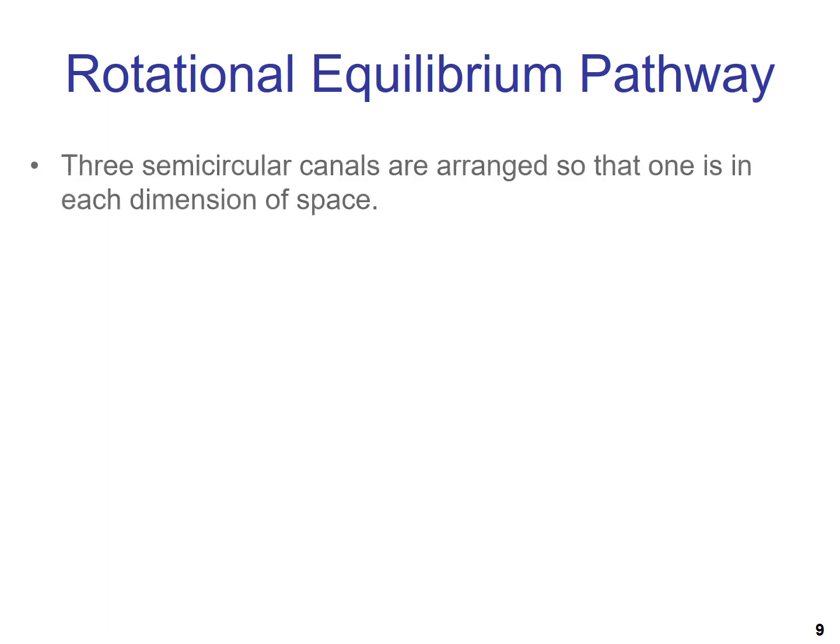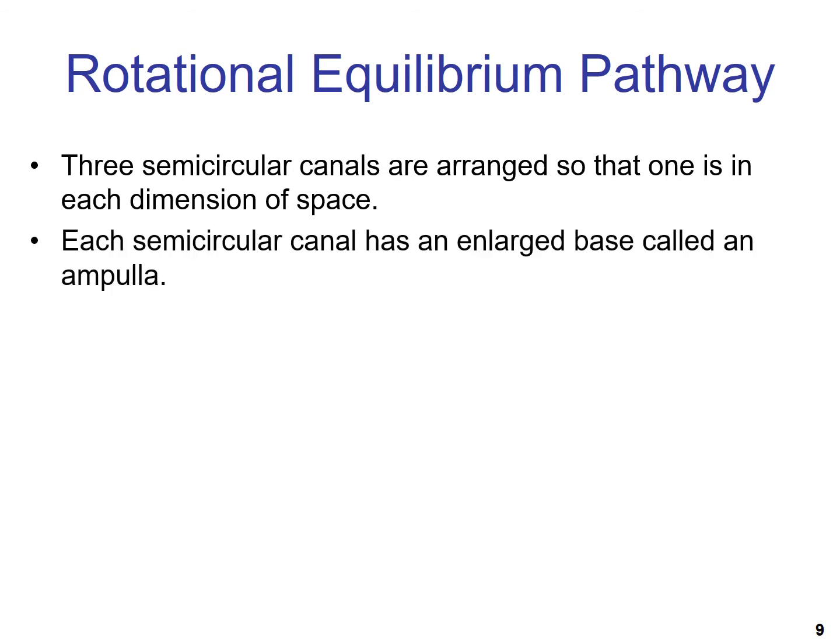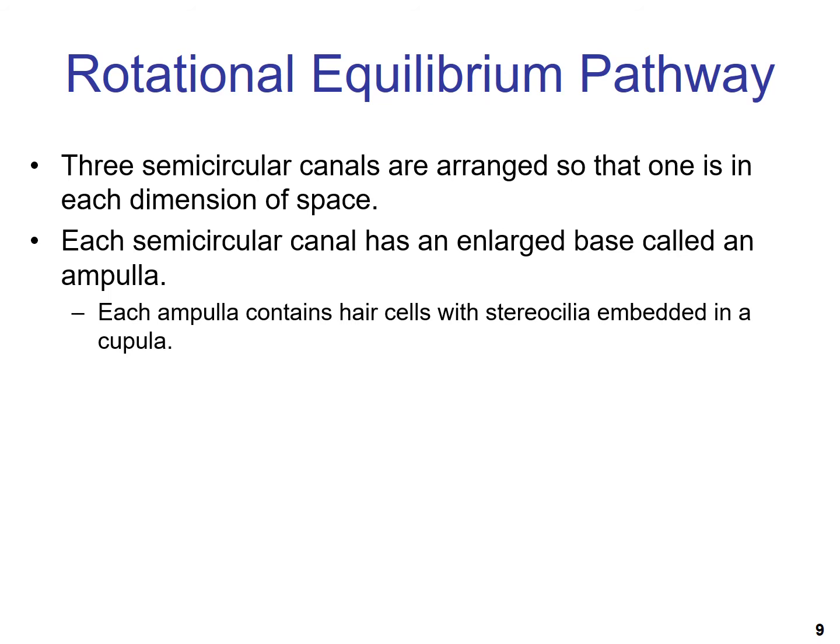Okay, so the next thing we're going to talk about is equilibrium. And you've got three semicircular canals, and these are arranged in such a fashion that each one is in each dimension, x, y, and z. So each semicircular canal, as I said, has an enlarged base called an ampulla, and the ampulla actually contains the hair cells with stereocilia.